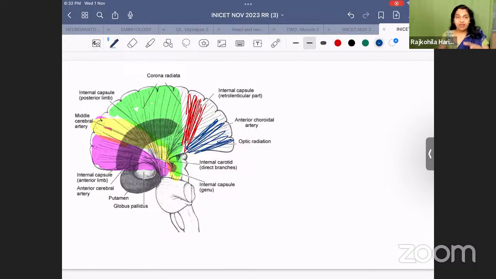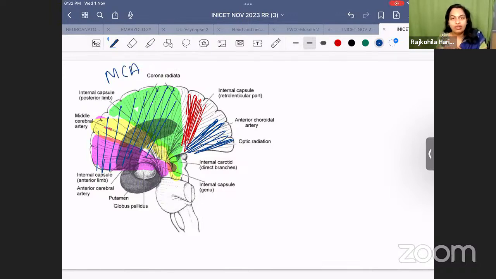Coming to the blood supply of the internal capsule, the upper part of the anterior limb, the genu, and the posterior limb are supplied by the middle cerebral artery. Occlusion of the middle cerebral artery can affect the anterior limb, the genu where we have the corticonuclear fibers for the head and neck, and the posterior limb which has the fibers for the rest of the body.